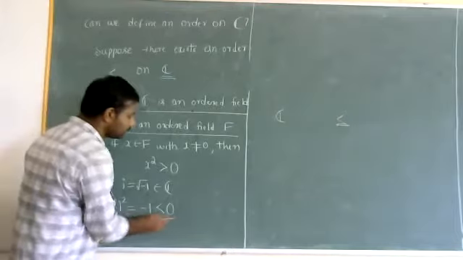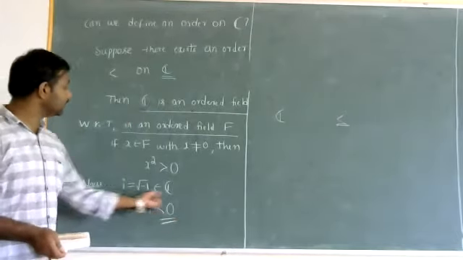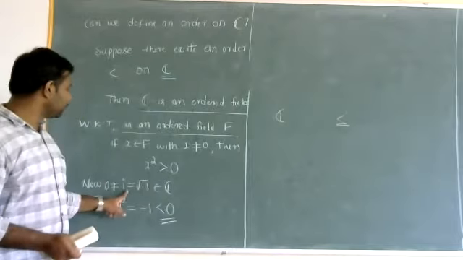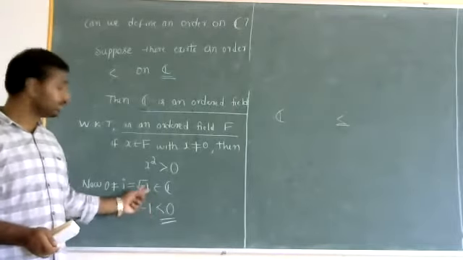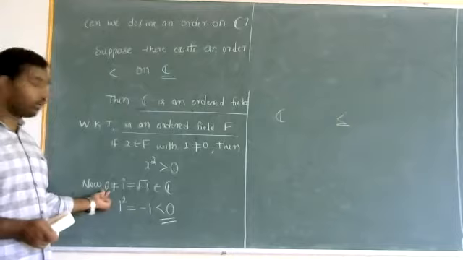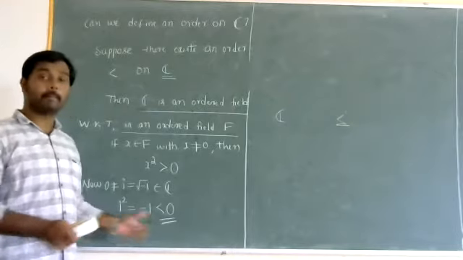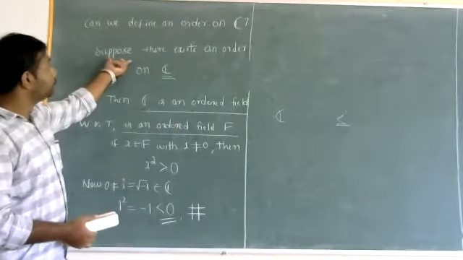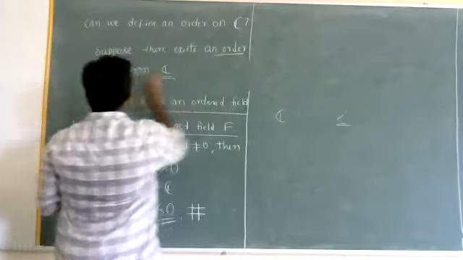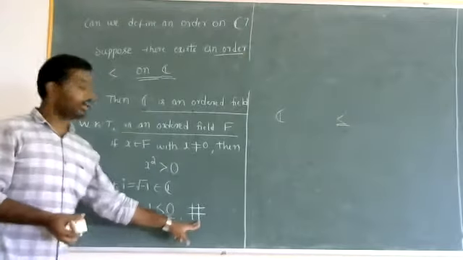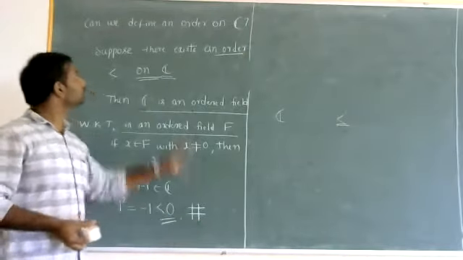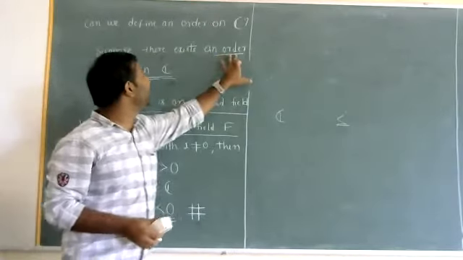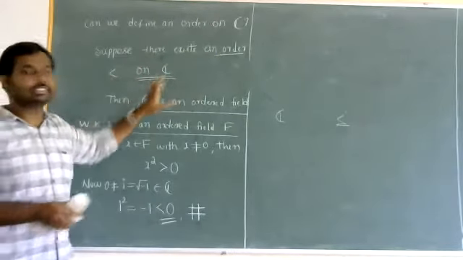Here i is a complex number other than 0, because i is the square root of -1, which is other than 0, but i squared is -1. So we got a contradiction. So assuming there is an order on C, we end up with a contradiction. So the assumption which we have made is wrong. That means there cannot be any order on C.